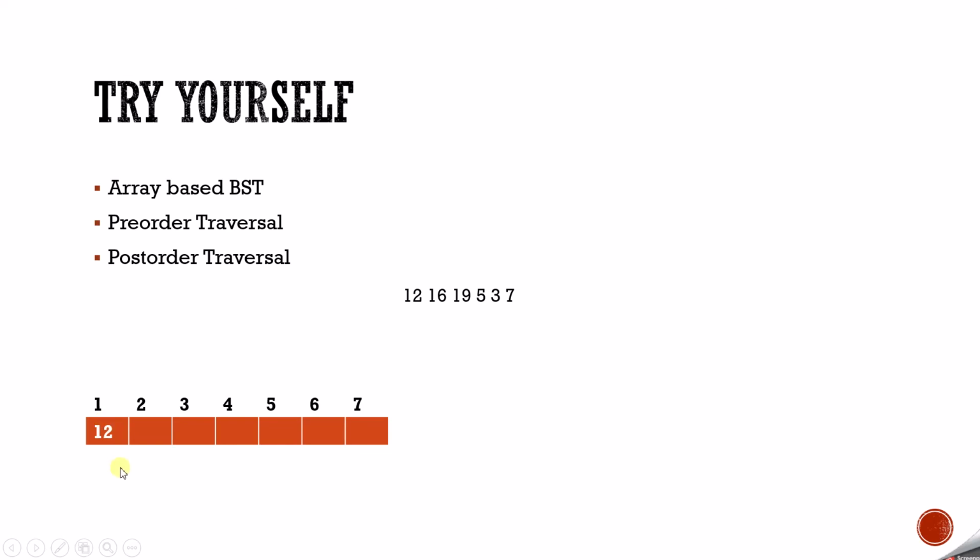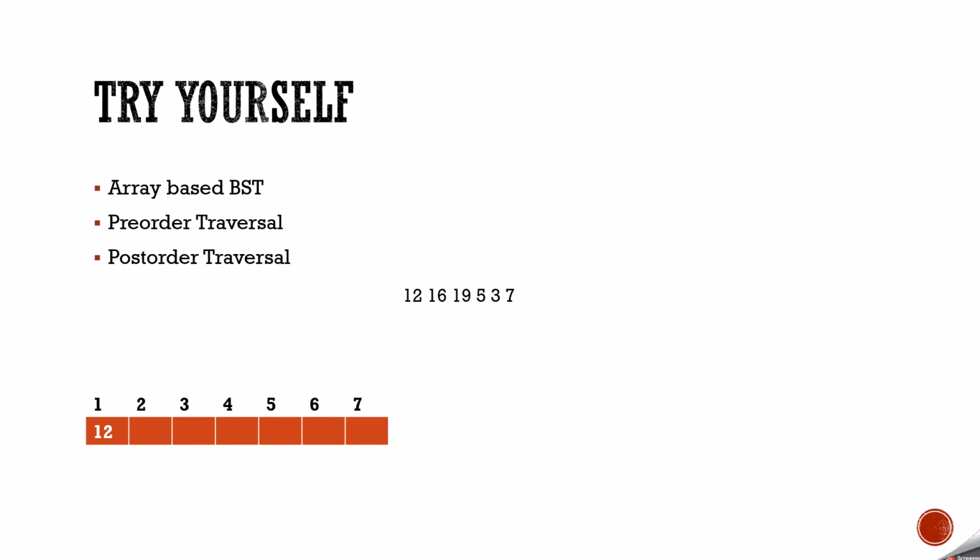Because we have seen that to go to the left or right child of a particular node in an array-based representation, we have to do some simple mathematics, like 2i or 2i plus 1. That means if we want to go to the left child of a particular node, it is going to be at index 2i, and the right child is at 2i plus 1.